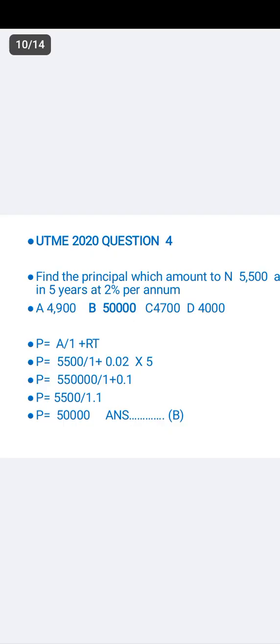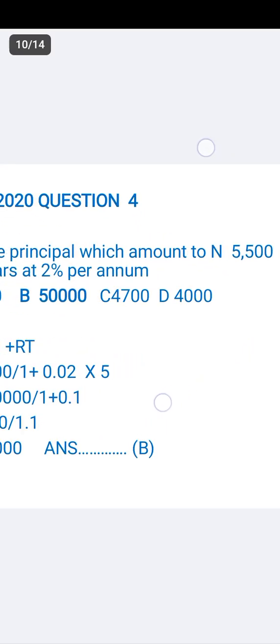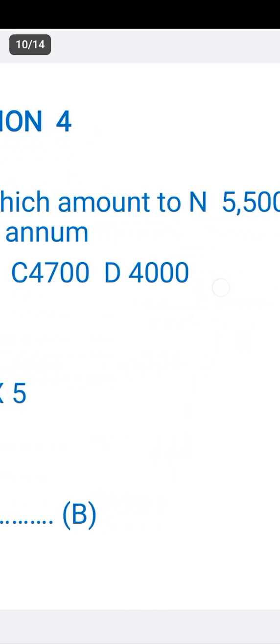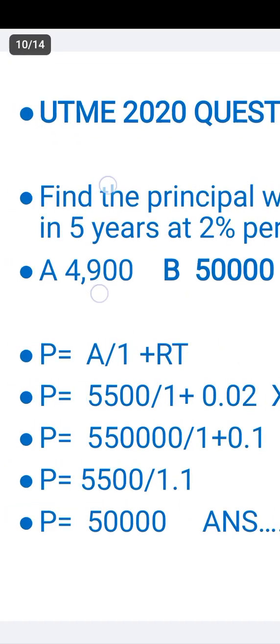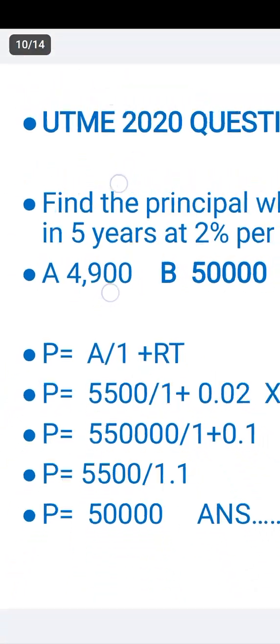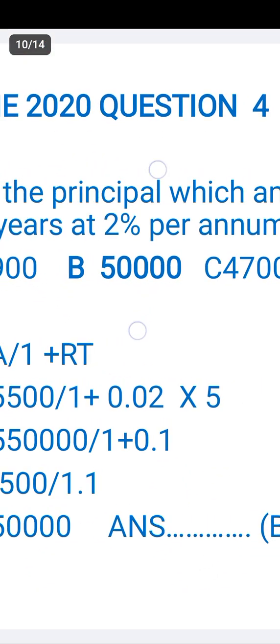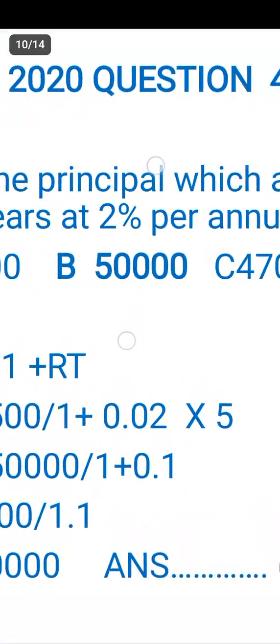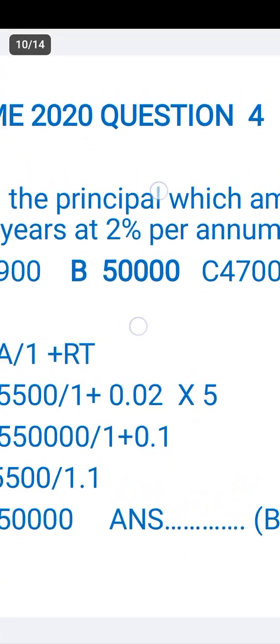So find the principal which amounts. We are looking for the principal and we know the amount. The amount is 5,500, the time is 5 years and the rate is 2%. So we are going to find the principal.